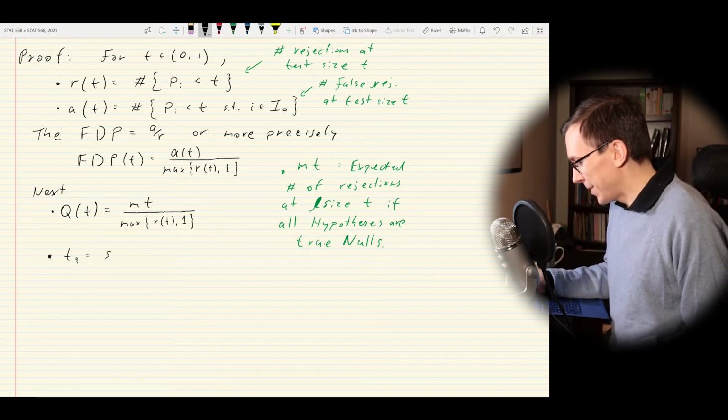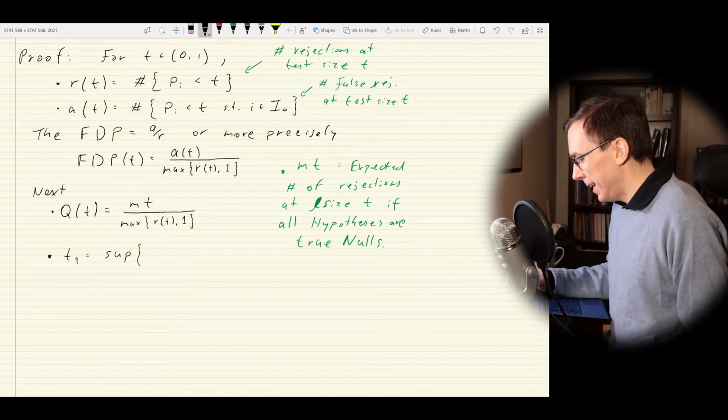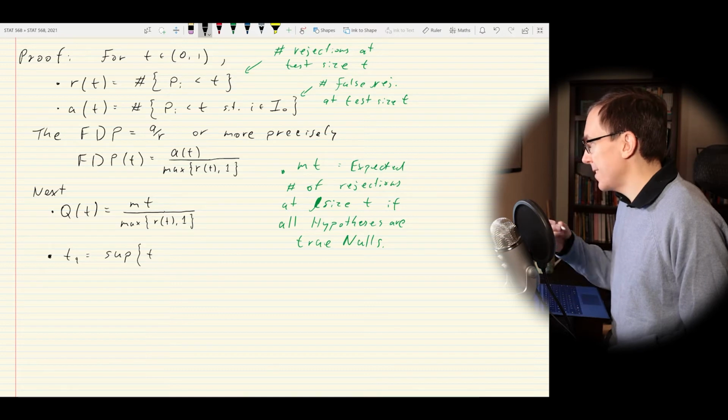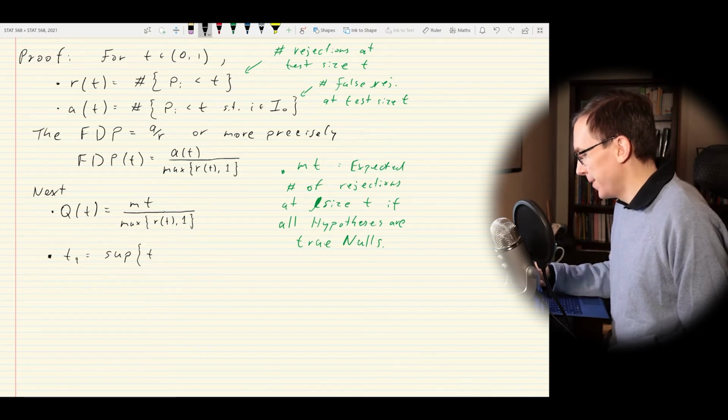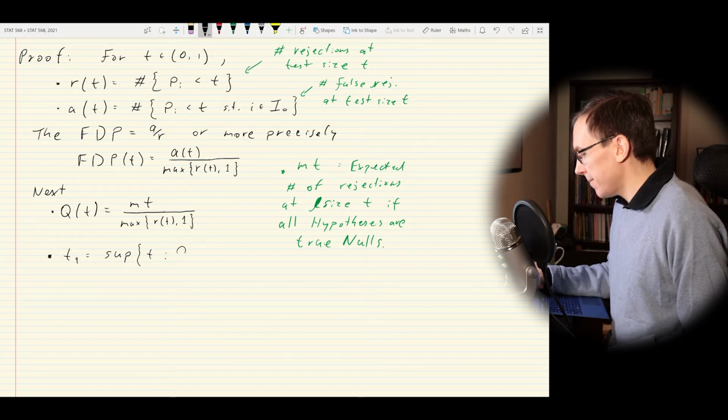Now we're going to need to have a supremum. So now things get kind of fun. It's the sup, the largest T, or the sup over T because it's continuous, such that Q of T is less than or equal to q.